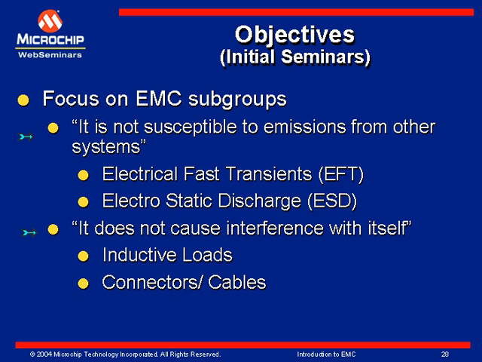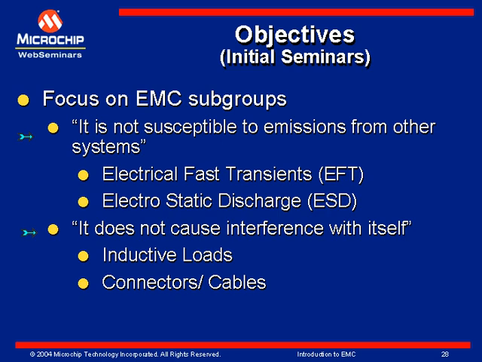And the third EMC subgroup, does not cause interference with itself. In this case, we look at things like inductive loads, connectors, cables. So that will be the main focus for the initial seminars. And at a later stage, we will also look at the first subgroup.